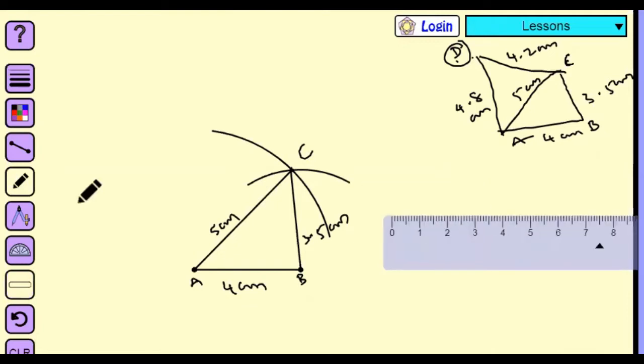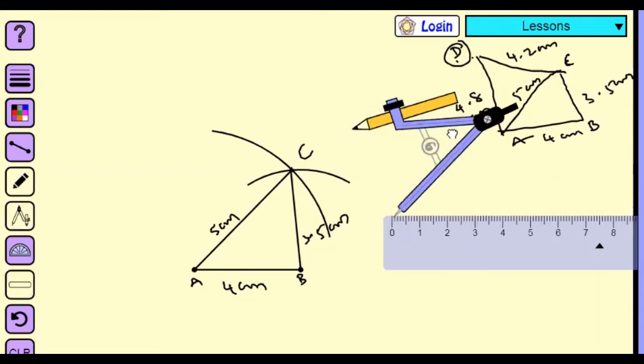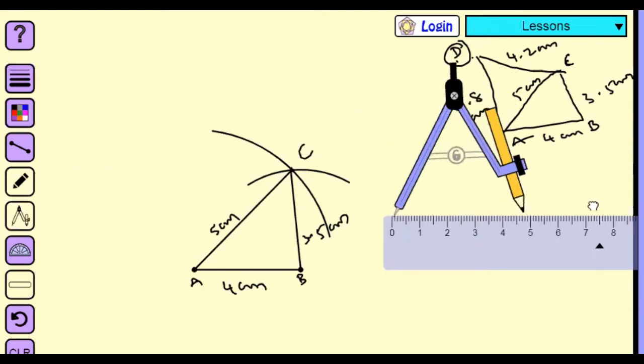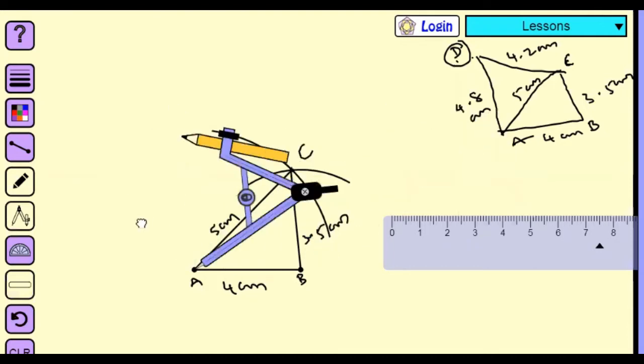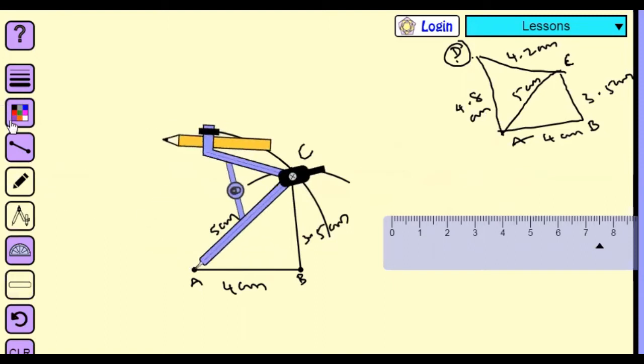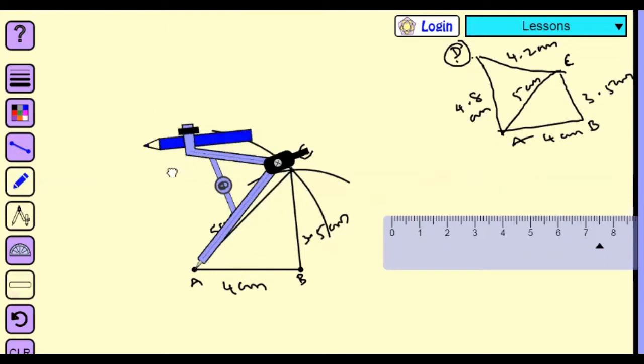Now take the compass and set the radius as 4.8 centimeters. Now with the center A, draw an arc.